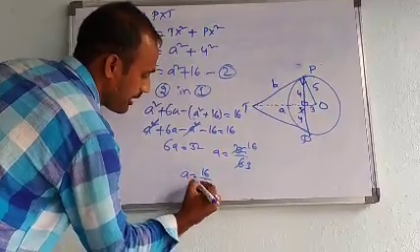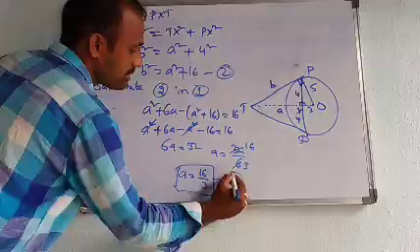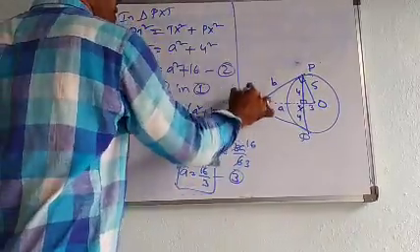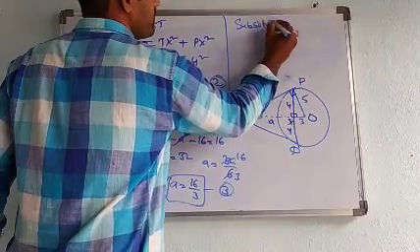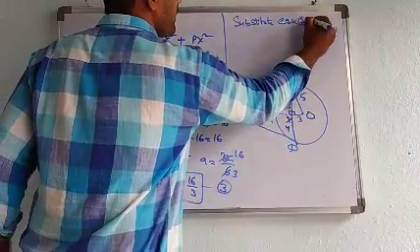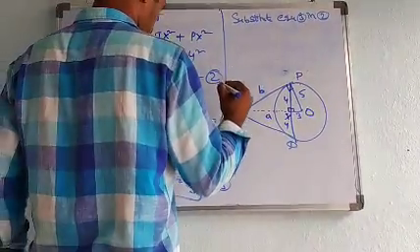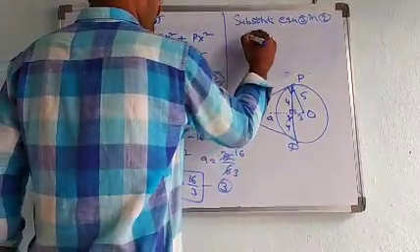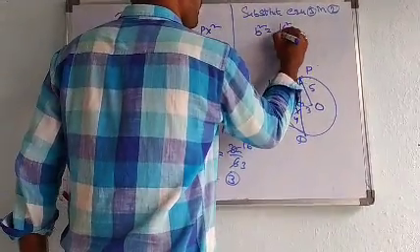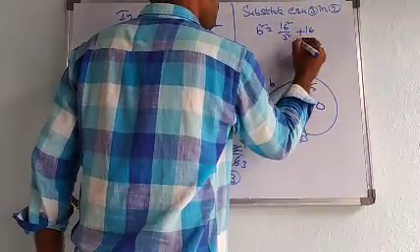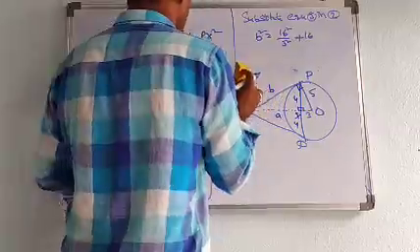So we need the B value. A value is 16 by 3. Let us substitute this third equation in the second. So B square is equal to 16 square by 3 square plus 16.